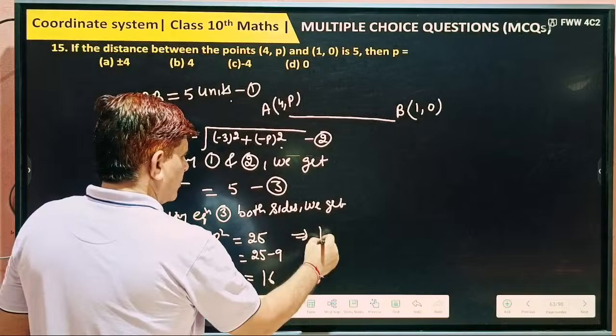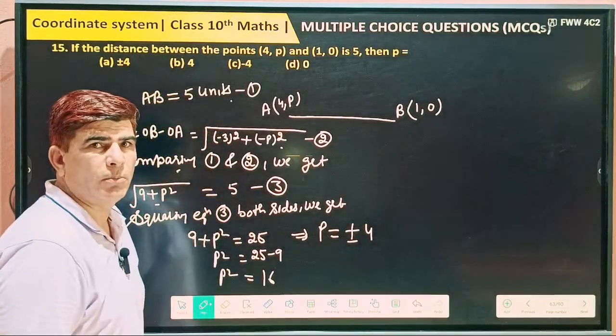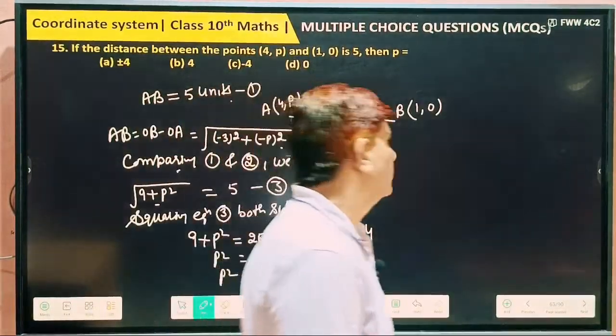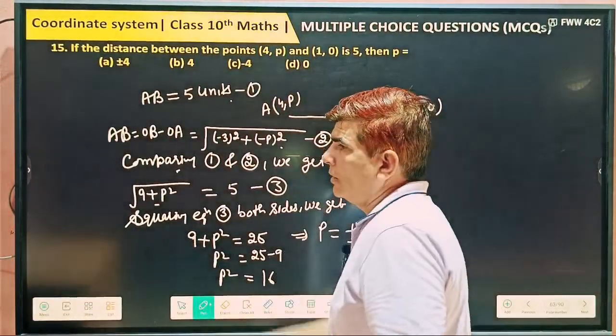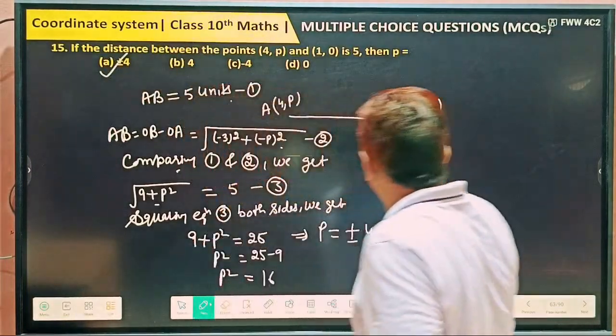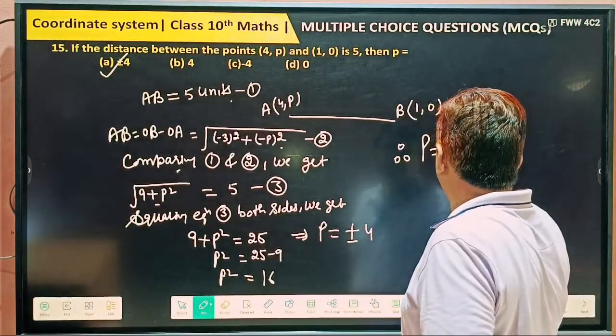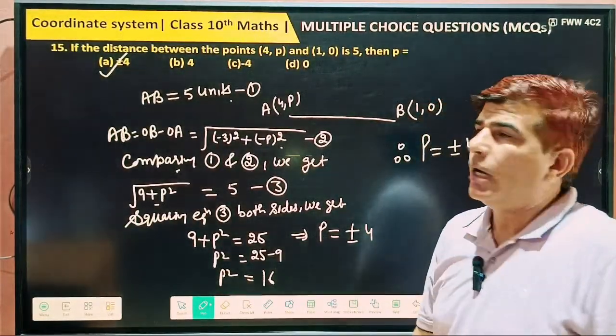So P equal to plus minus 4. Anyway, given P equal to plus minus 4, check its answer. Yes, first is given. Therefore P equal to plus minus 4 is your answer.